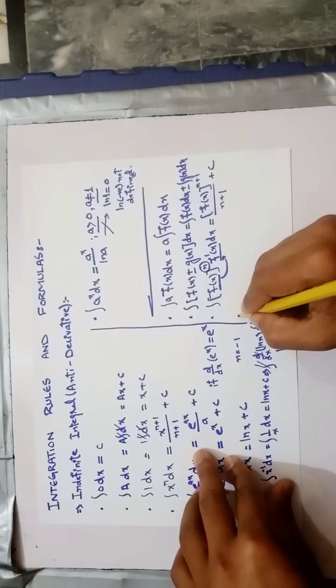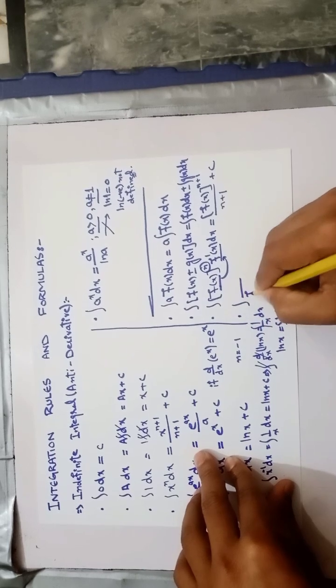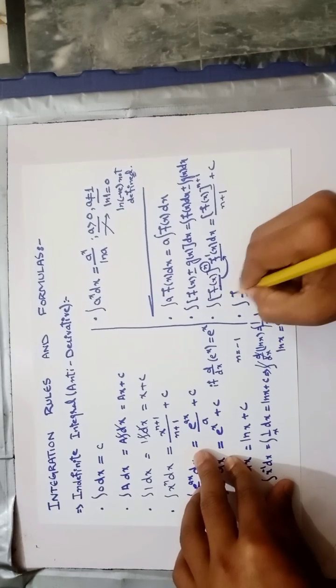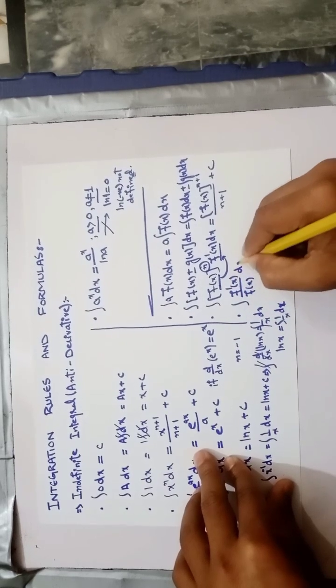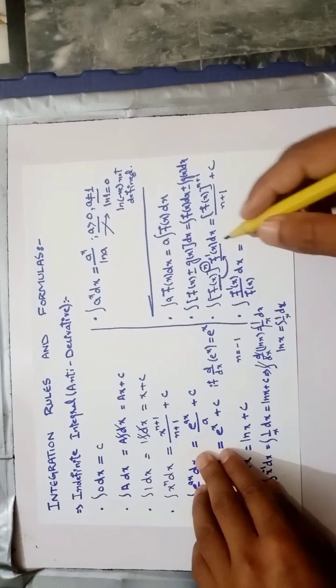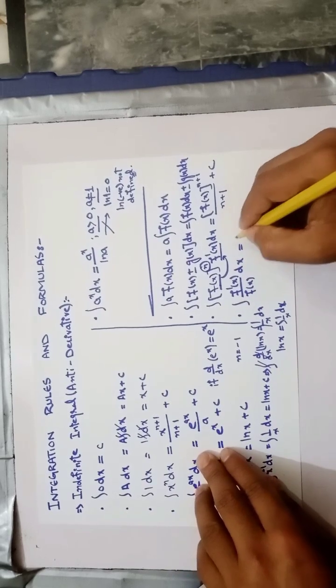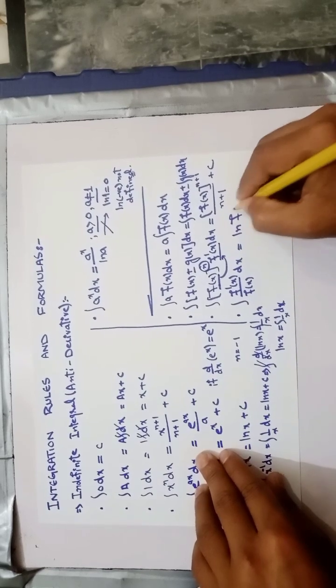Also, if we have a function in the denominator and its derivative in the numerator, then what will happen? Then it is equal to natural log of f(x).